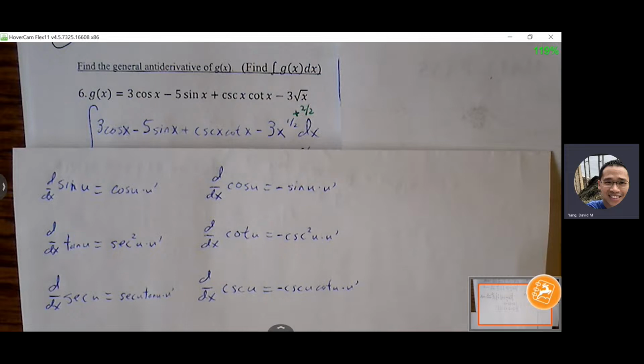First three terms, just find the rule and apply it, and the last term, power rule.